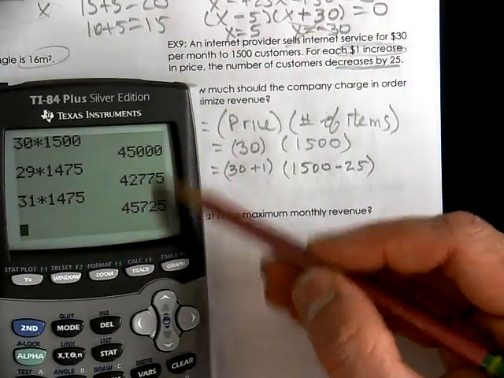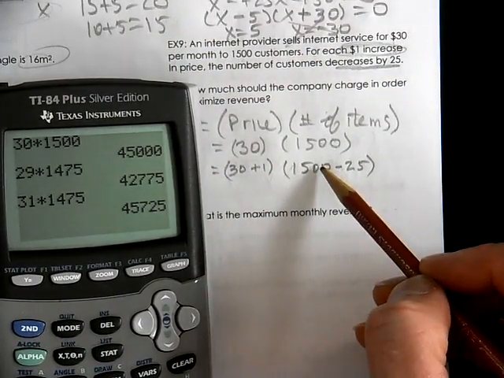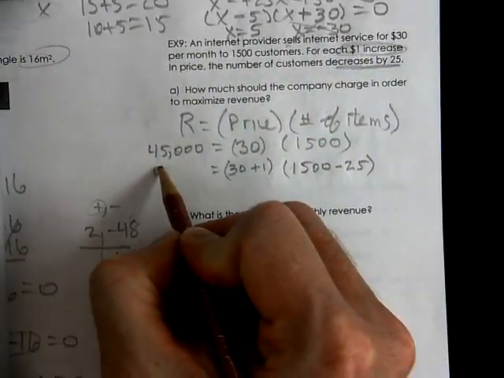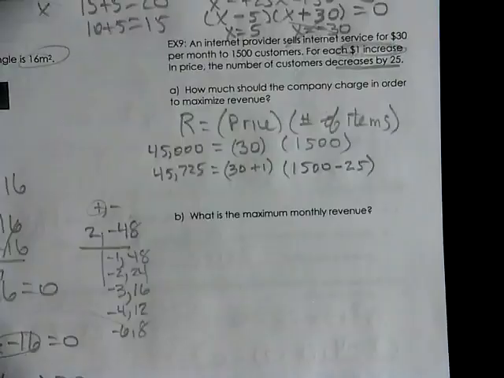That gives us more money. We had a bigger income. 31 and 1475 gave us a larger income. Or revenue, that would be the correct term.